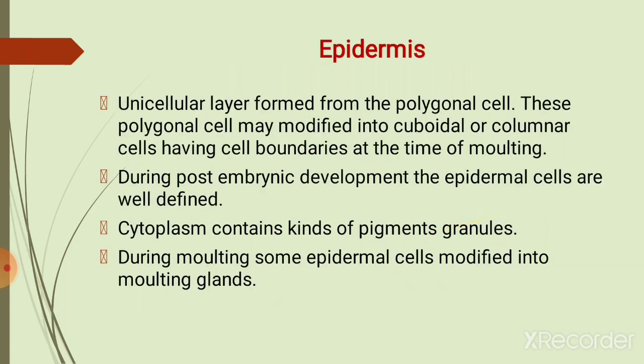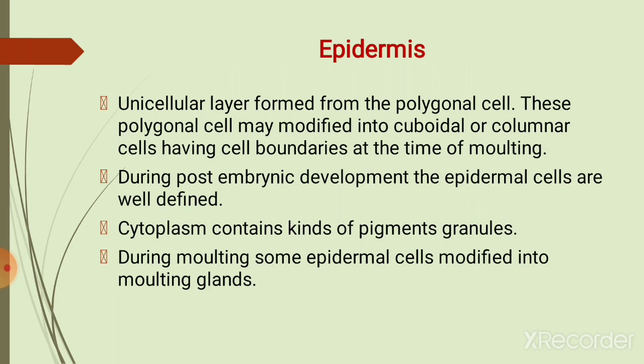Then next is epidermis. It is the middle layer of the structure. It is a unicellular layer formed from polygonal cells. The polygonal cells may be modified into cuboidal or columnar cells, having indistinct cell boundaries at the time of molting.